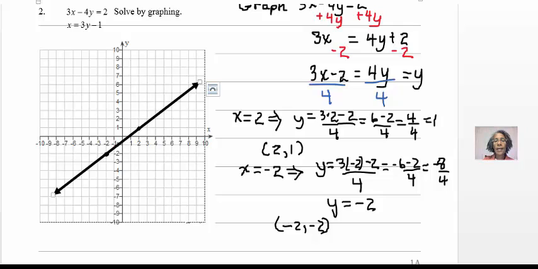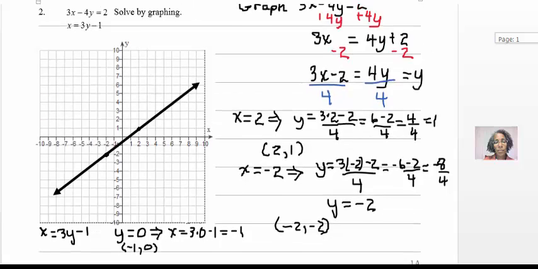Now let's look at graphing the second equation, x equals 3y minus 1. And we'll simply choose our y and find the x that goes with it. So if y is 0, x is 3 times 0 minus 1, x is negative 1.